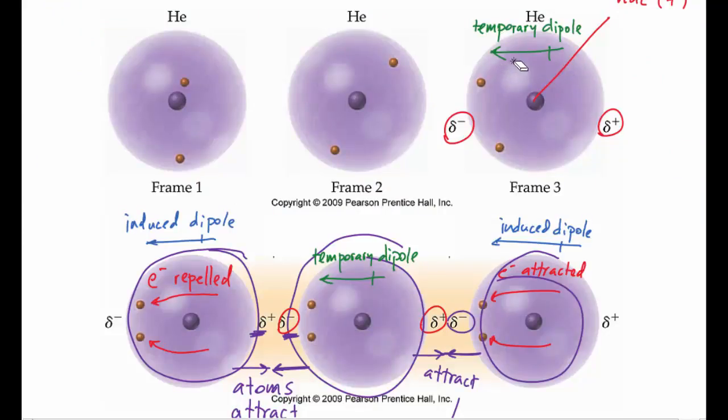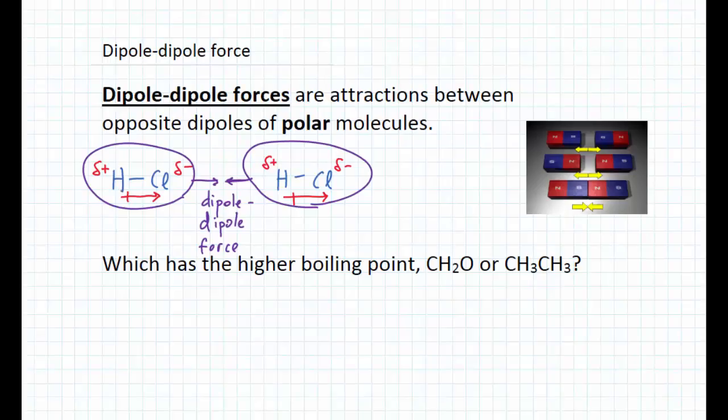In another moment, any one of these could have flipped to the other direction, and all the ones around them would have flipped in response. So they're all kind of flipping all sort of together within a region. Okay? But we called that a temporary dipole because it was just due to random chance, where here in a polar molecule, this is the opposite of temporary. What do you suppose we would call that? Permanent. That is a permanent dipole.